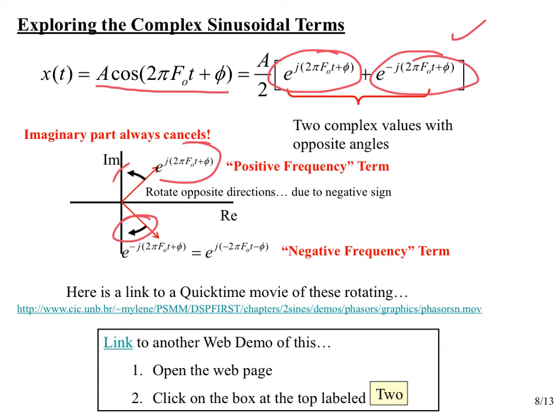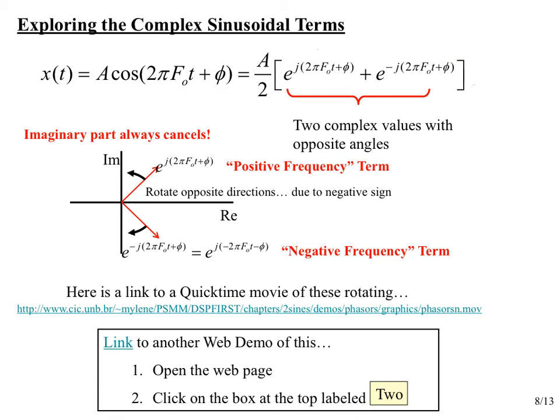Notice that at every instant of time, those two vectors will be perfectly balanced so that they end up canceling each other out on the imaginary axis. Whatever the imaginary part is, wherever they are, that will end up canceling. Alternatively, if you think about these two things adding, if you remember how to add vectors, you'll realize that this falls on the real axis.